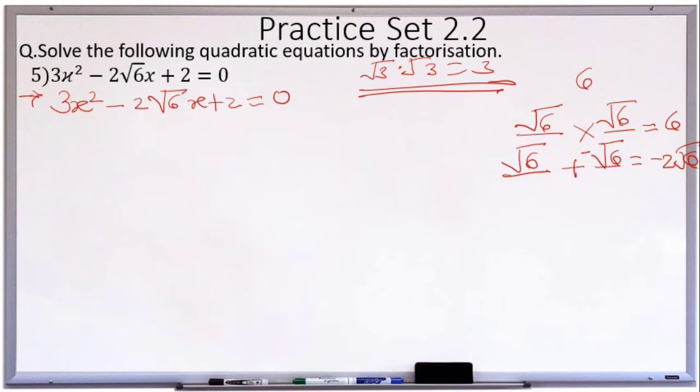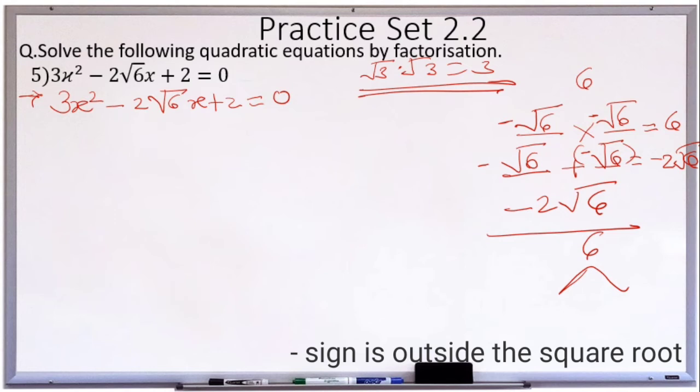If I take minus root 6 and minus root 6, the product becomes 6, and the sum is minus root 6 plus minus root 6, which is minus 2 root 6. So the factors of 6 are minus root 6 and minus root 6.